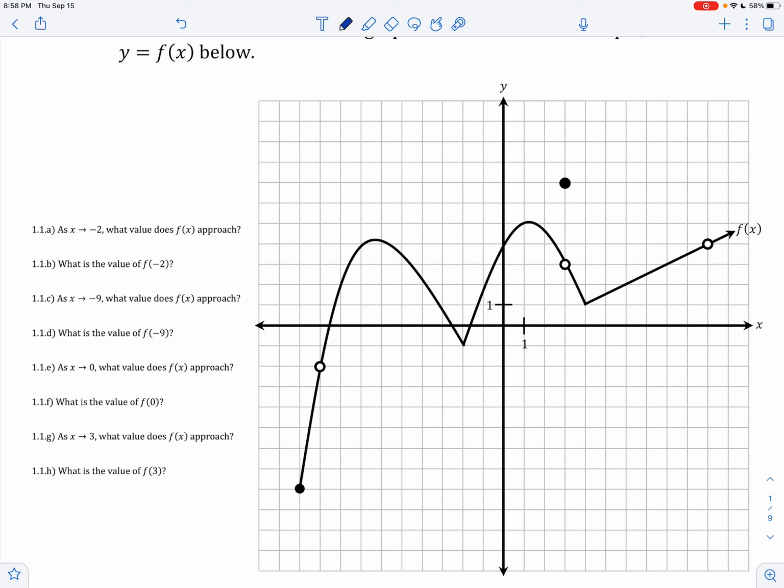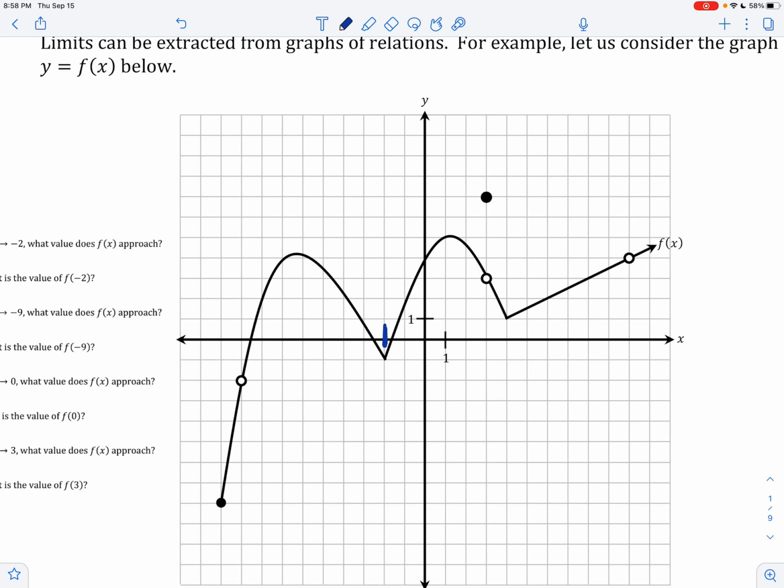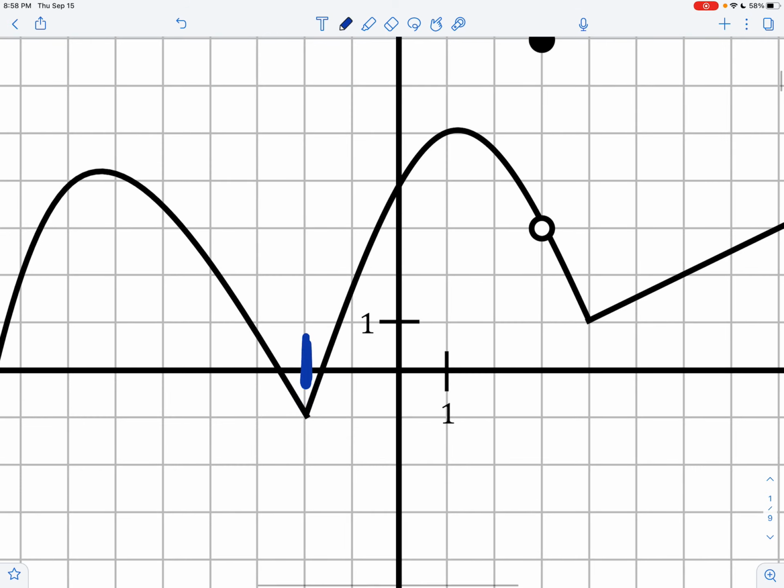When we look at something like x approaching -2, we see a value of -2 right in there. So all along here, this is where x is -2. And we're talking about approaching -2, getting really close to -2. If we want, we could pretend there's a person on either side of -2, running along this function.